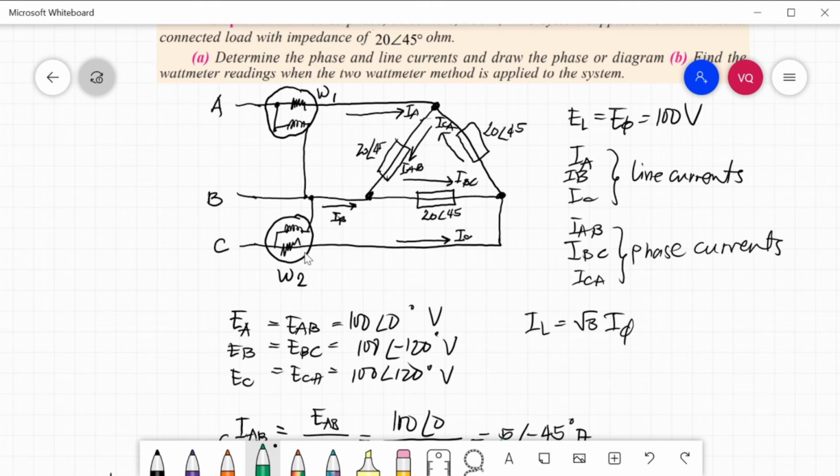For wattmeter 1, we have EAB multiplied by IA cosine theta. And theta is the angle between EAB and IA. So, same procedure as in the Y connection.